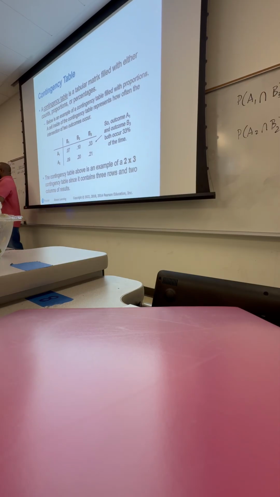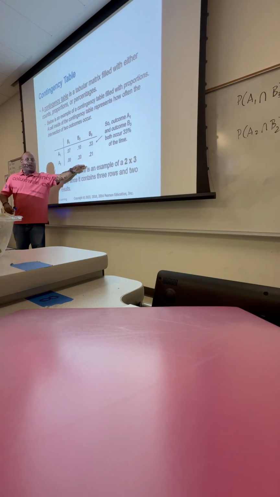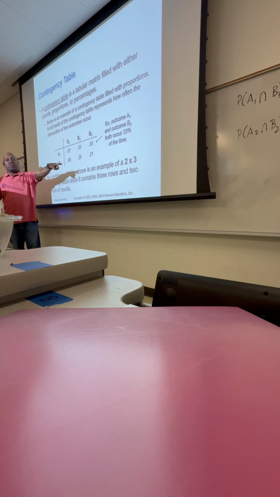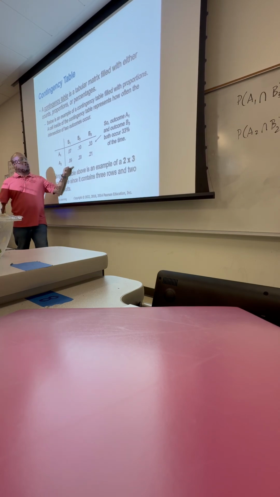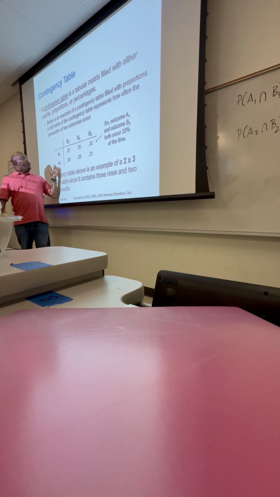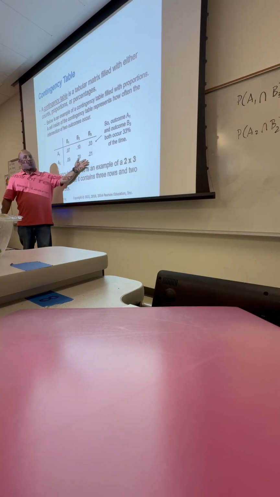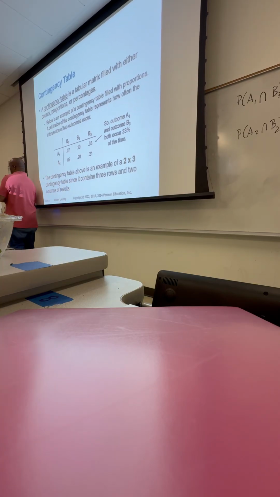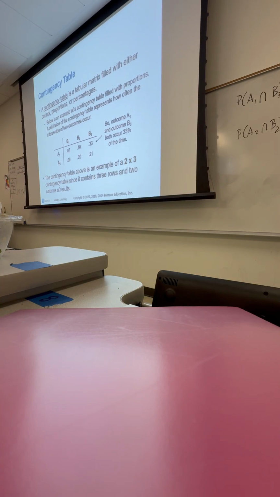If a contingency table has row totals or column totals, you don't count that in determining the dimensions. So if I had a row here that was the sum of the probabilities going down, you wouldn't count that as a row. It'd still be a 2x3 contingency table. So that's how to determine the dimension of a contingency table.